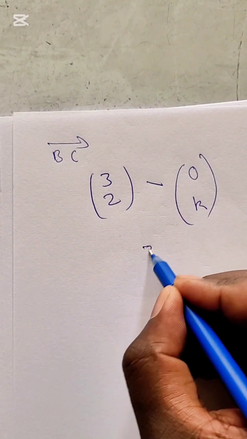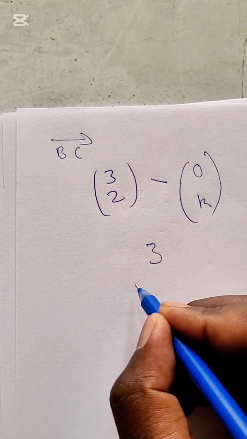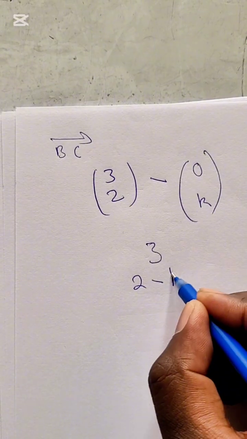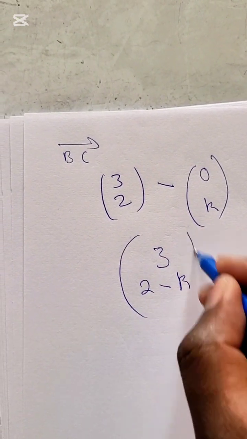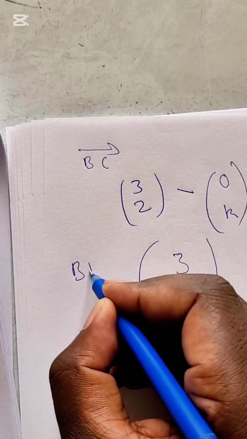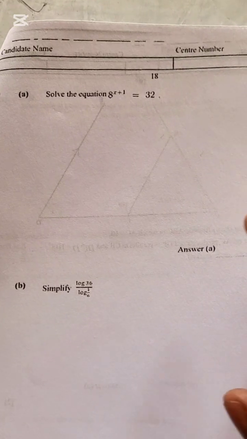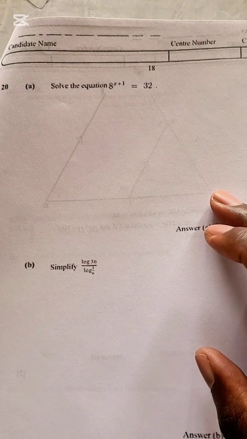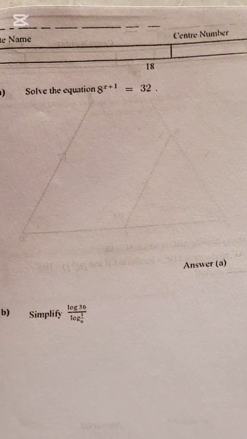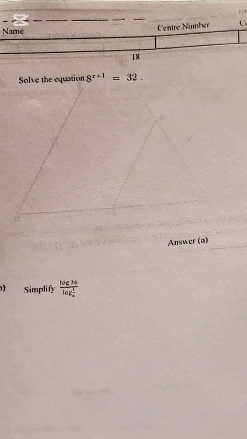So 3 minus 0, that's 3, and 2 minus k, that's 2 minus k. That's BC.